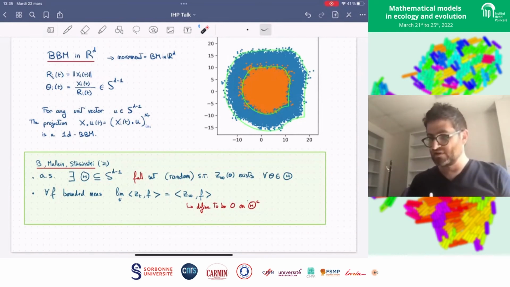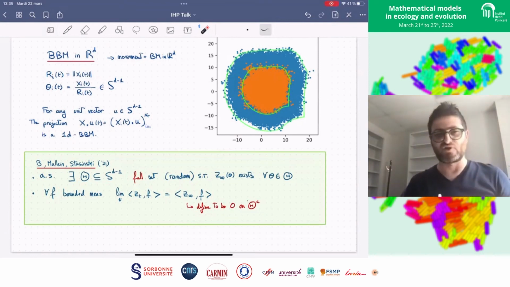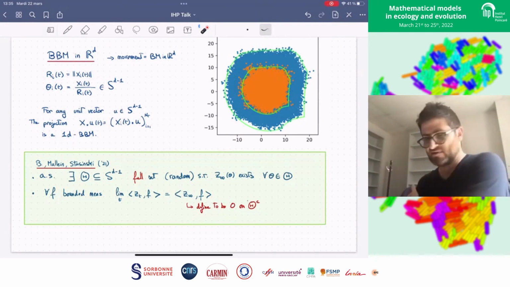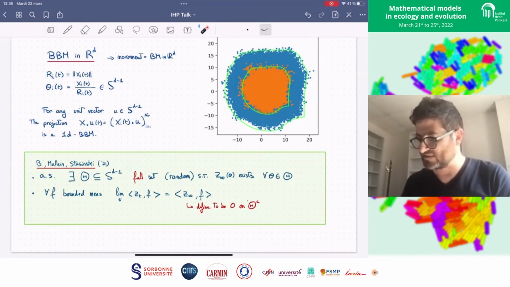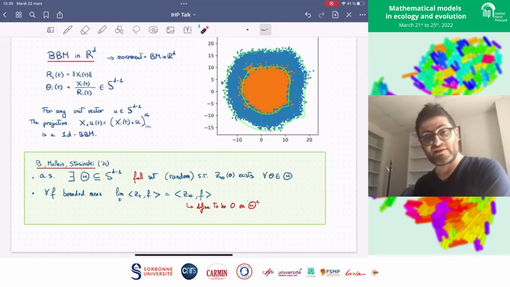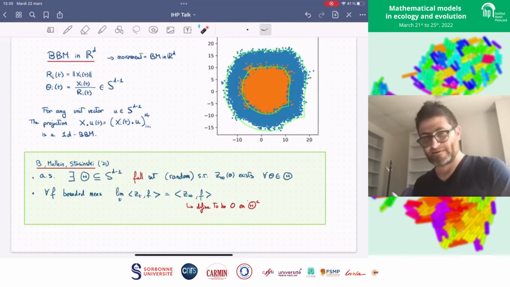Okay, so almost surely Z infinity theta exists for almost every theta on the sphere. And that means that you can think of this Z infinity as a weak limit. So it's going to be a measure on the unit sphere.